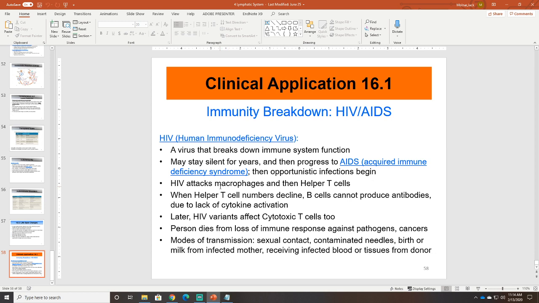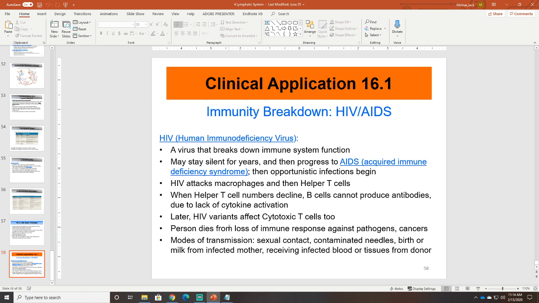And HIV, the virus, attacks macrophages and then helper T cells, CD4 and CD8 T cells. And when the helper T cell numbers decline, the B cells cannot produce antibodies due to the lack of activation by cytokines from the helper T cells. So they attack the T cells, and in doing so, prevent the activation of B cells.